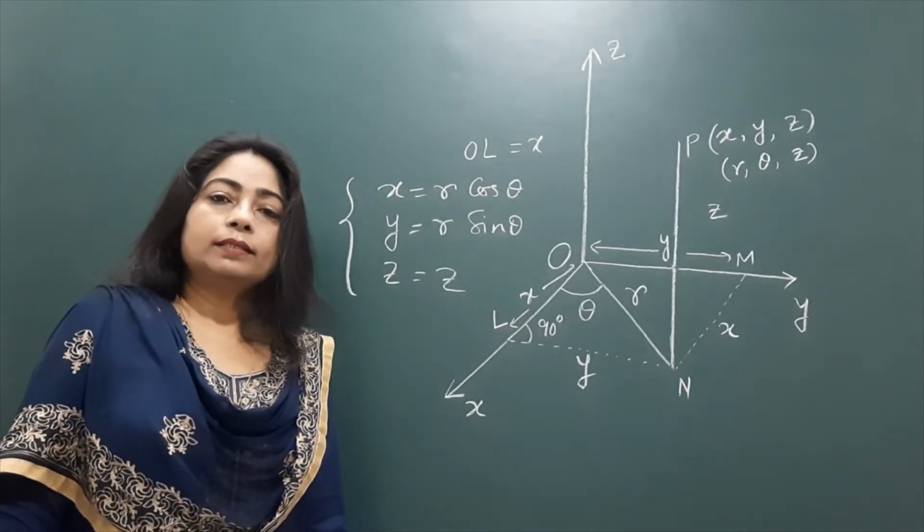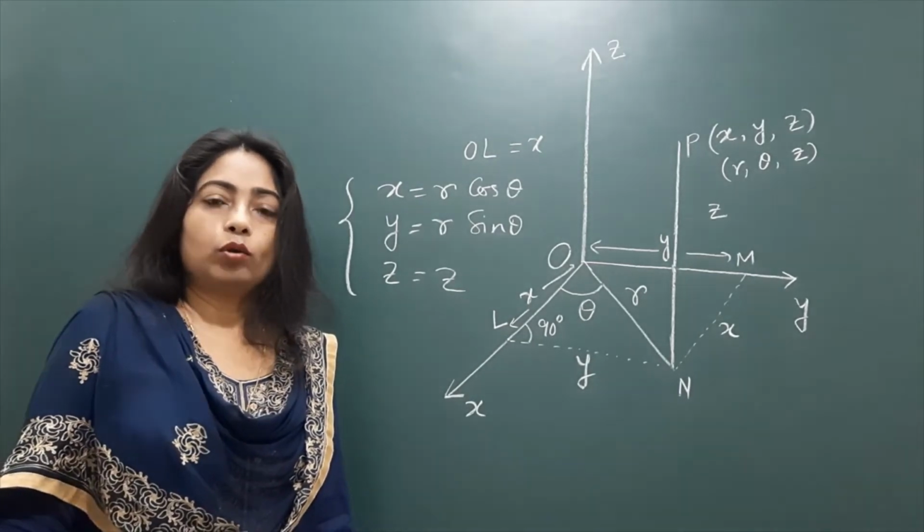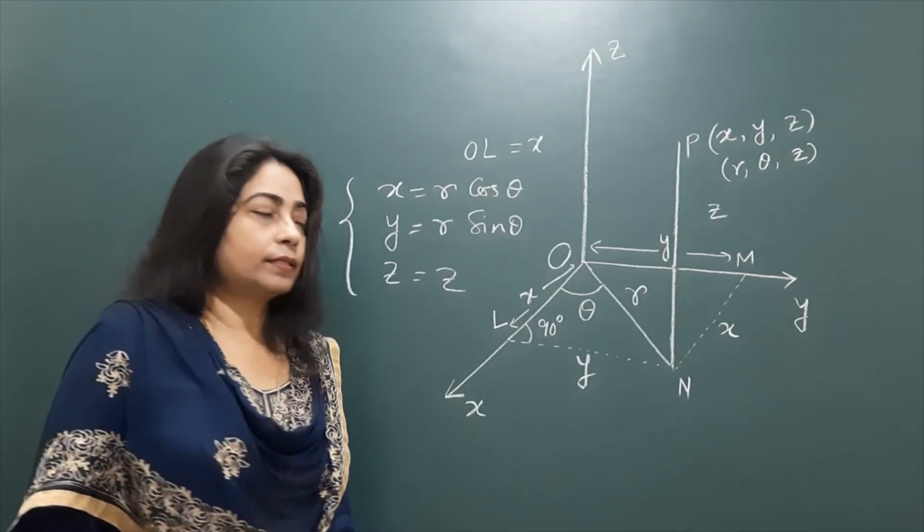Now I will discuss the spherical polar coordinate system, which is another orthogonal curvilinear coordinate system.